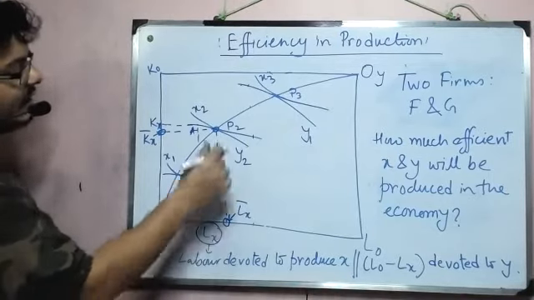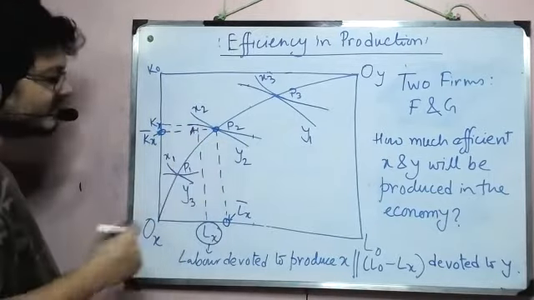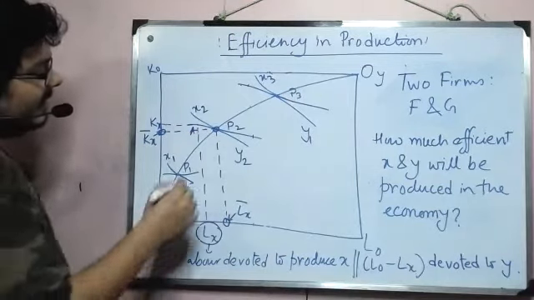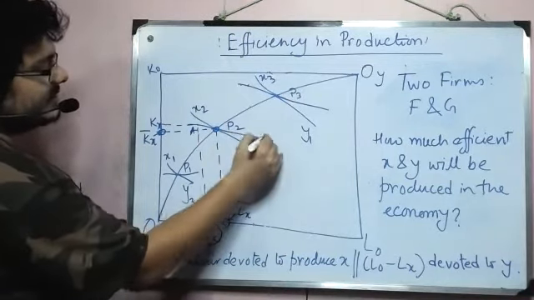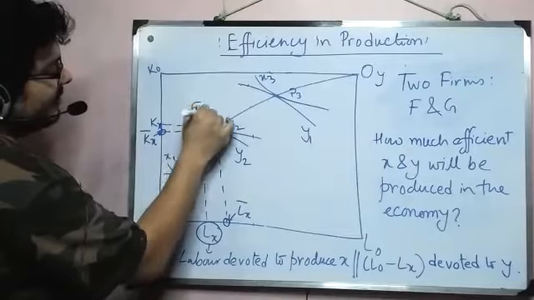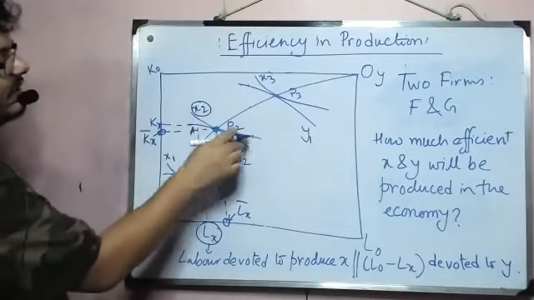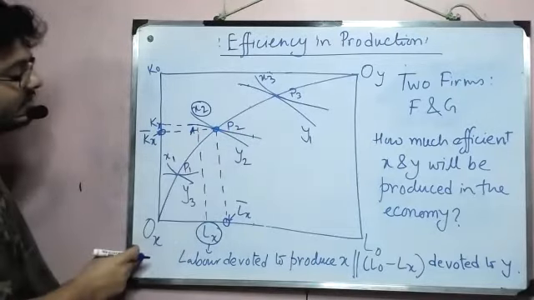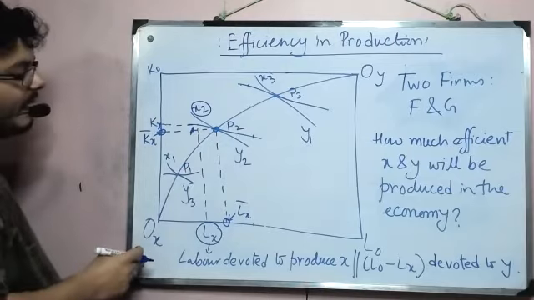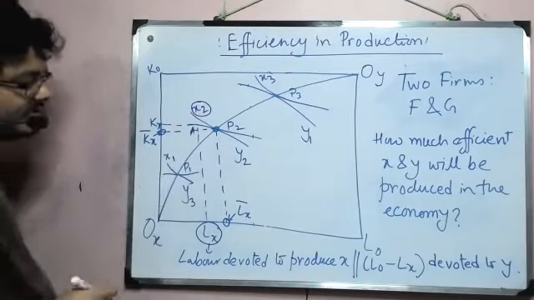Okay, and this isoquant, like any isoquant, let's say this isoquant is for X, right? So what does the isoquant which is convex to OX represent? That is our isoquant X2.